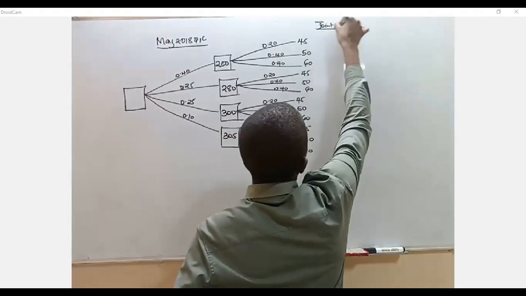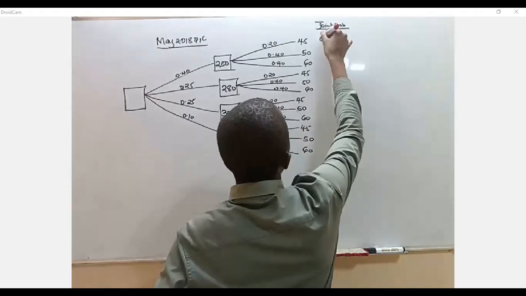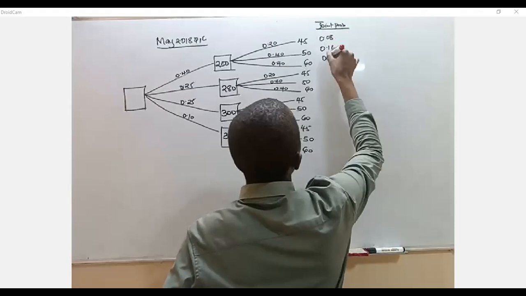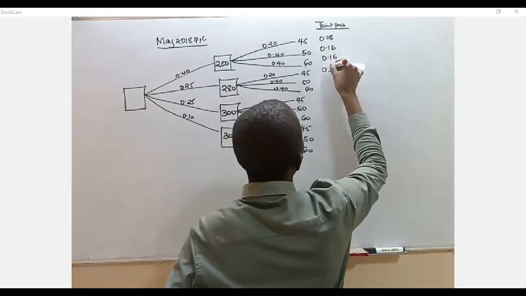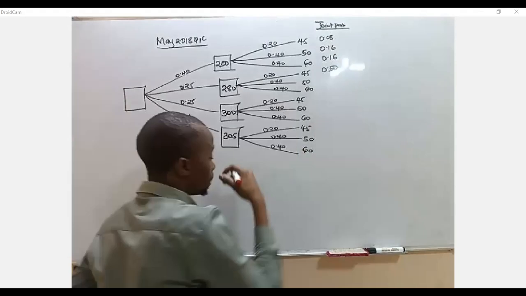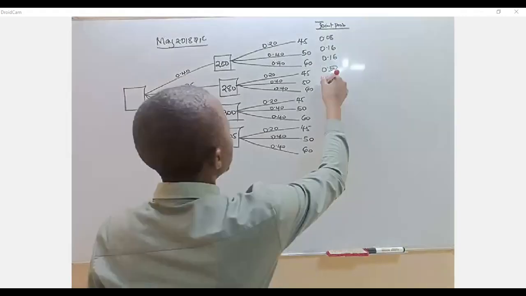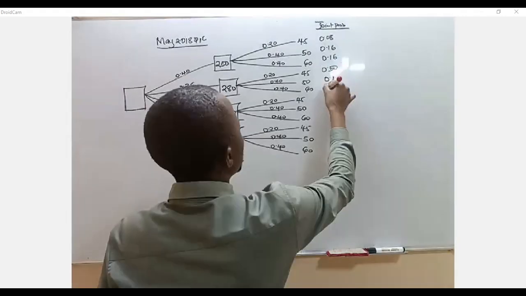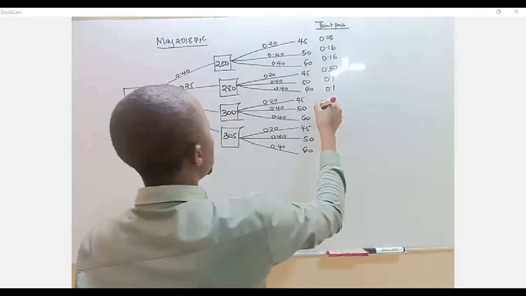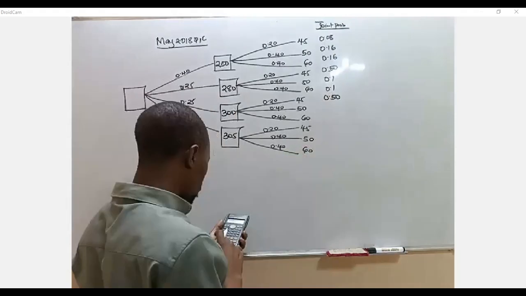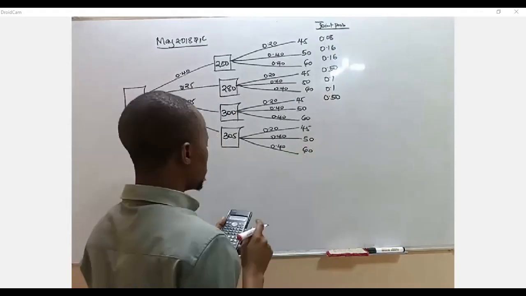Let us look at the joint probabilities. The first one should be 0.08. This one should be 0.16, 0.16, then 0.10 I think. Let me take my calculator: 0.25 times 0.4 gives 0.1. Then 0.25 times 0.2 is 0.05.